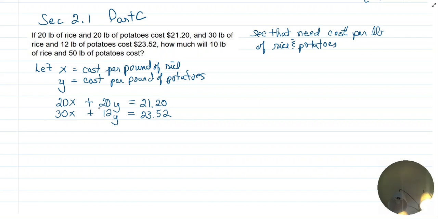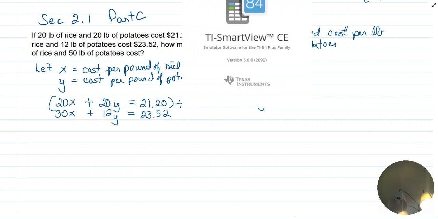So I notice that 20 is common right there. So I'm going to divide by 20 on this linear system for the new row 1. So I'm going to have X plus Y equals, and I'm going to get my calculator out to make sure I don't make a mistake.